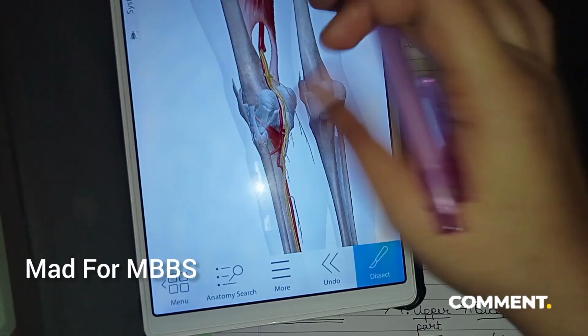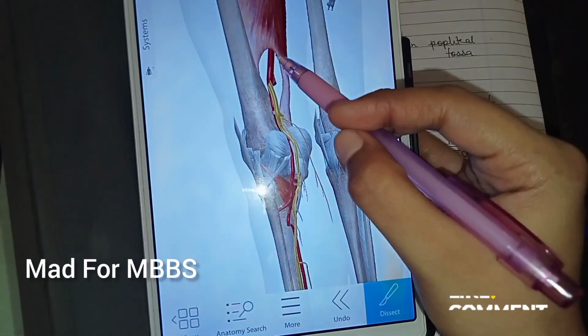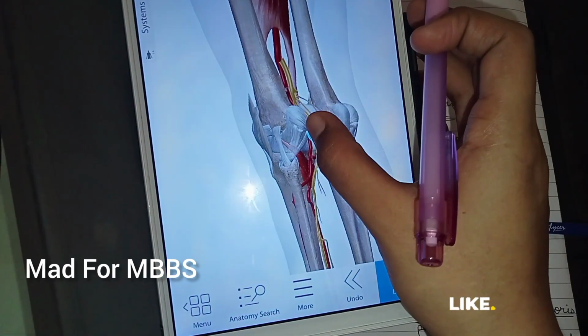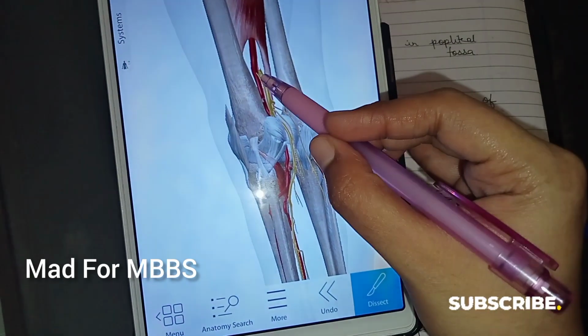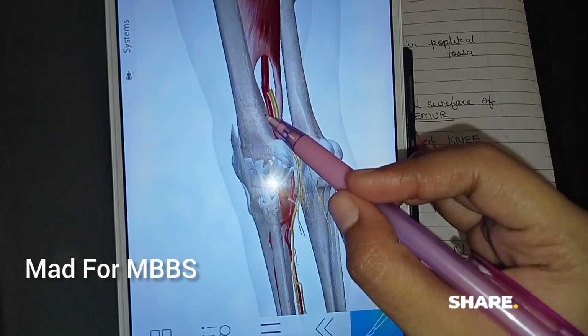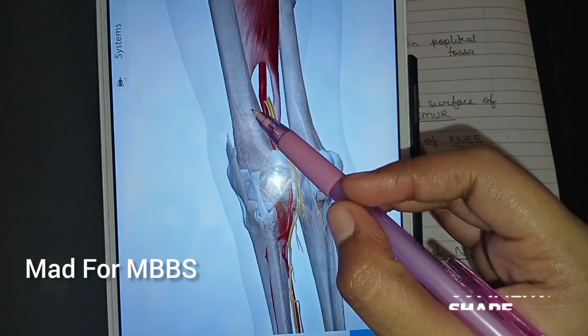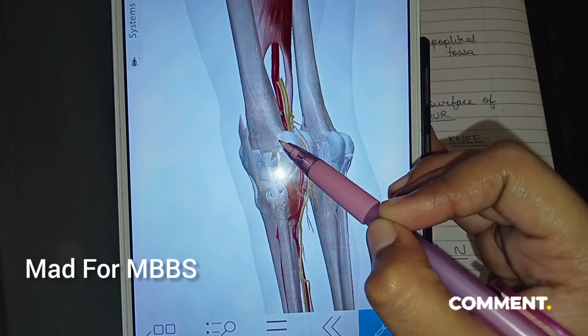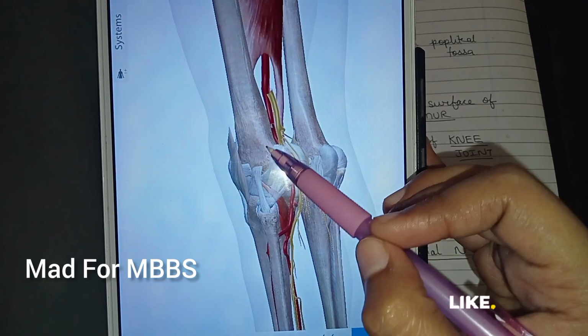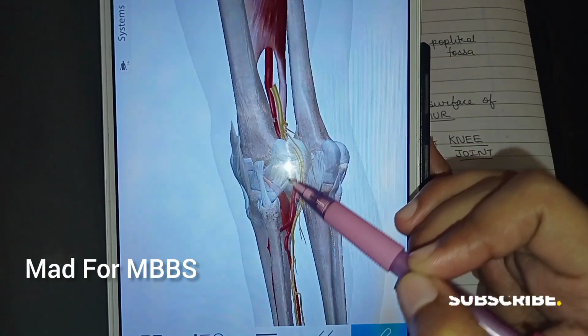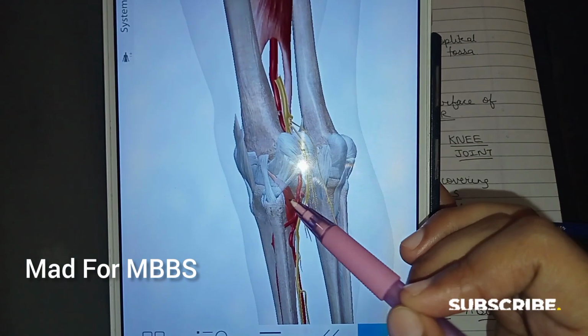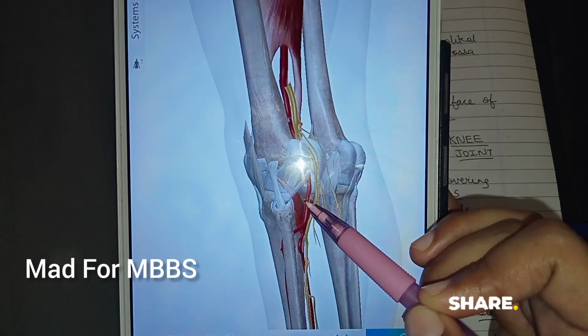So, seeing anteriorly, this is a popliteal artery, and we have first the popliteal surface of femur and then back of the knee joint and the fascia covering of the popliteus muscle.